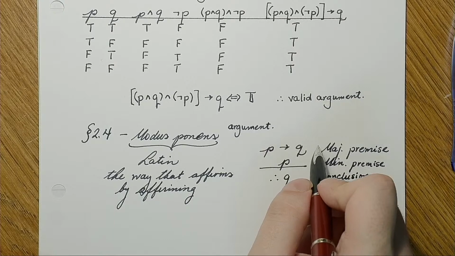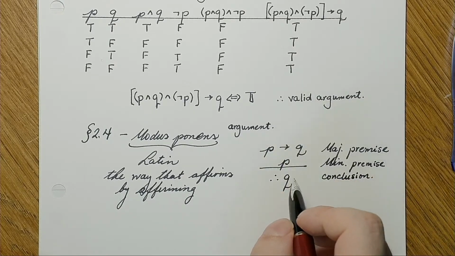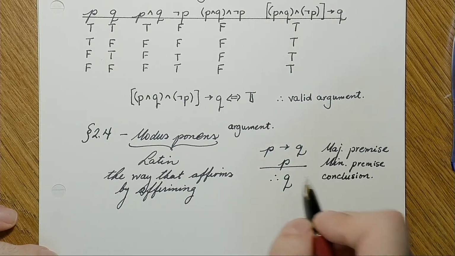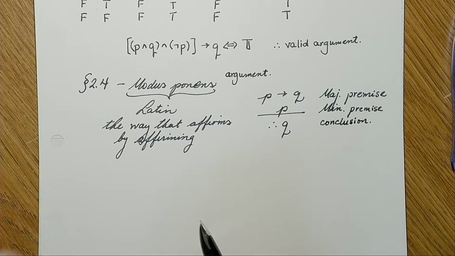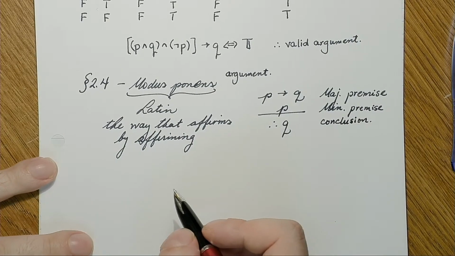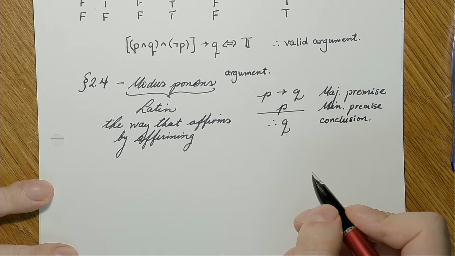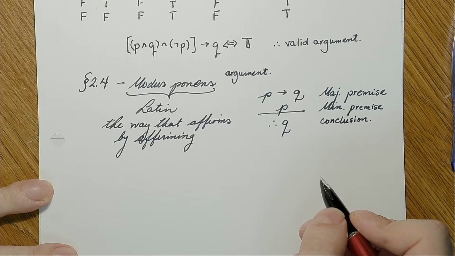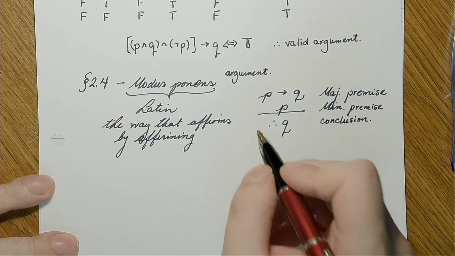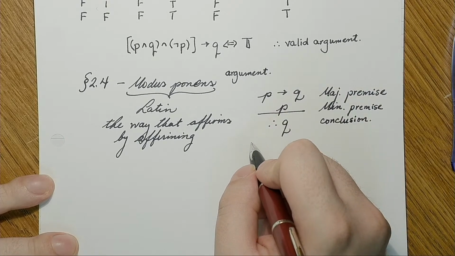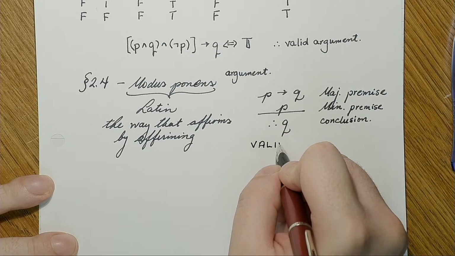So we affirm that P implies Q. We have P. We're affirming P, and then we get Q. What I can also tell you is that this is a valid argument.